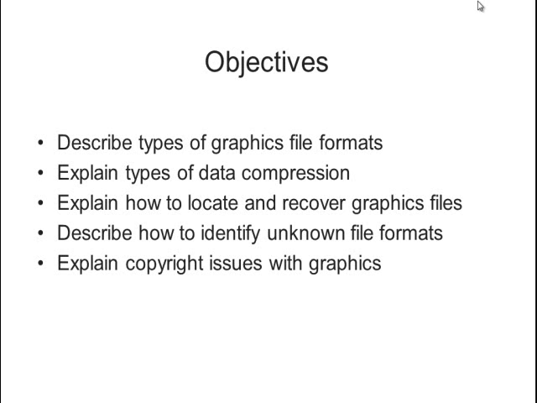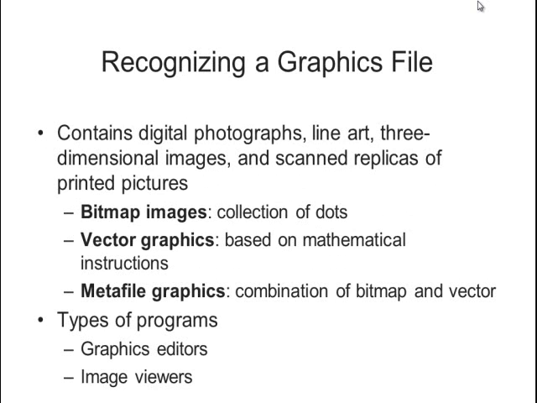A graphics file is a file that contains digital photographs, line art, three-dimensional images, and scanned replicas of printed pictures. There are three kinds of graphic files: bitmaps, vector graphics, and metafiles. Bitmap images are just a collection of dots.